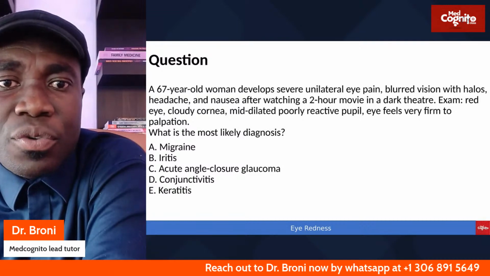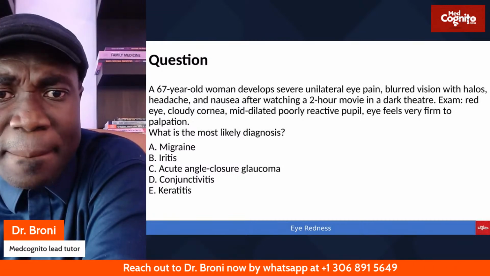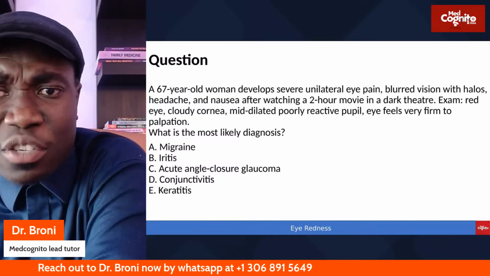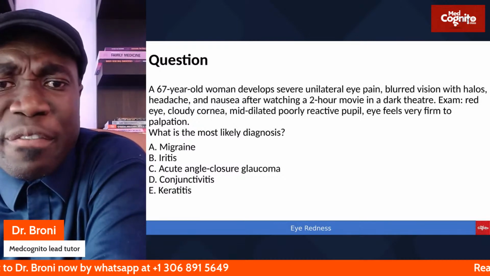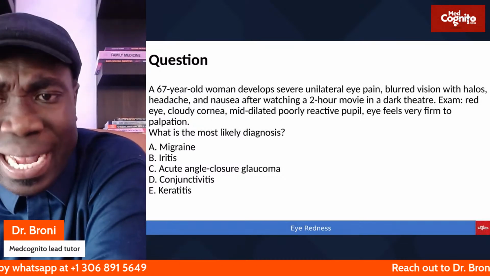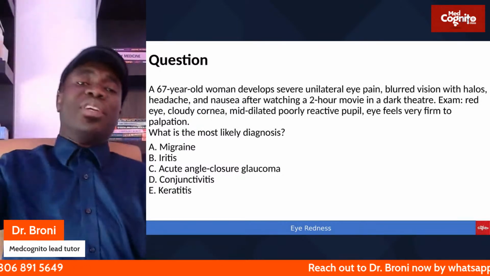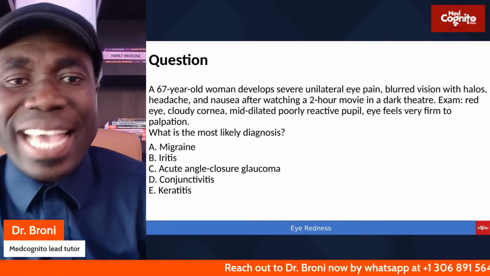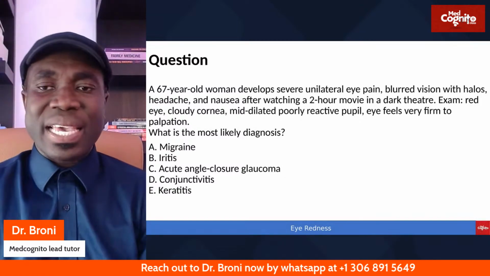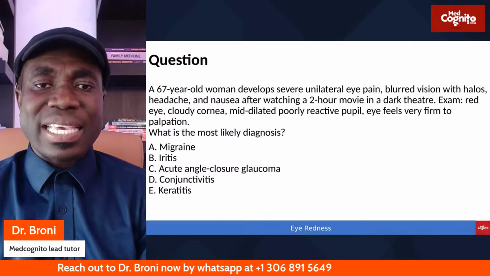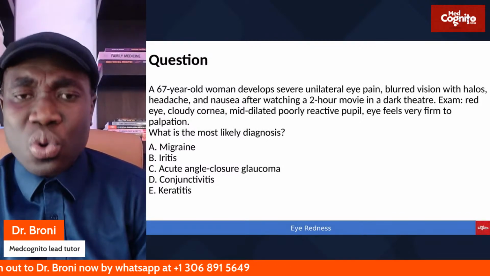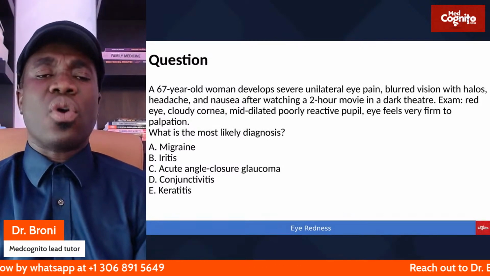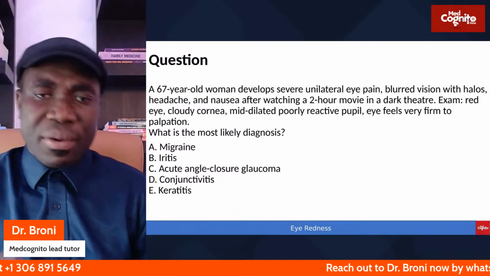Exam: red eye, cloudy cornea, mid-dilated, poorly reactive pupil. Eye feels very firm to palpation. What's the most likely diagnosis? This one, everybody should get it correct. Is it A, migraine, B, iritis, C, acute angle closure glaucoma, D, conjunctivitis, or E, keratitis?